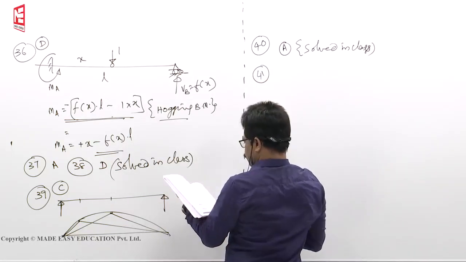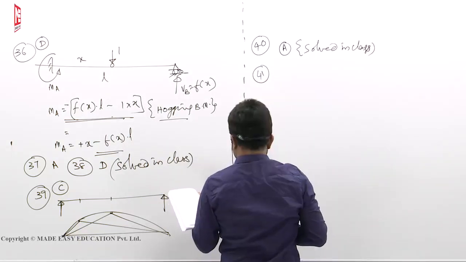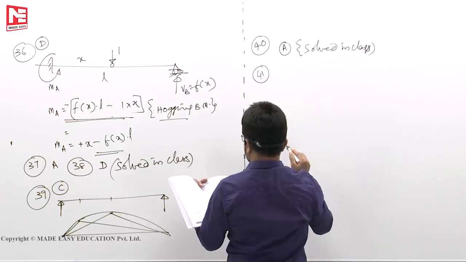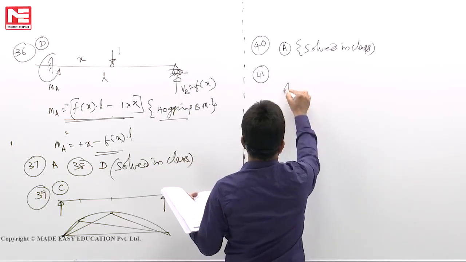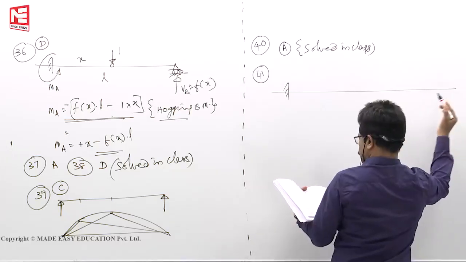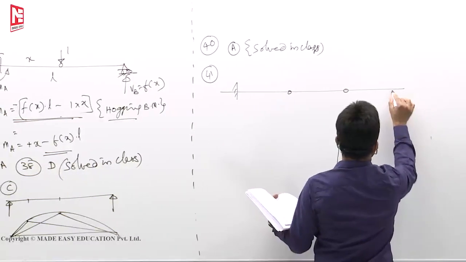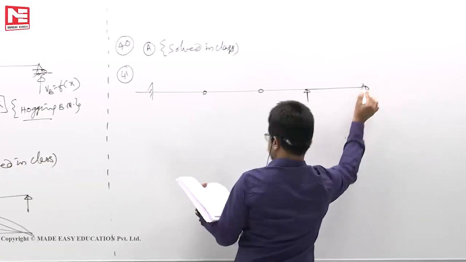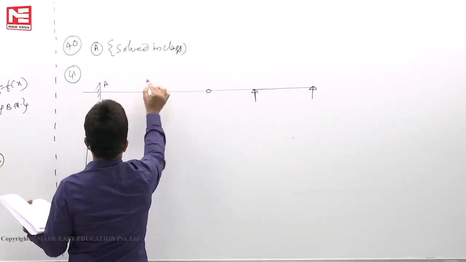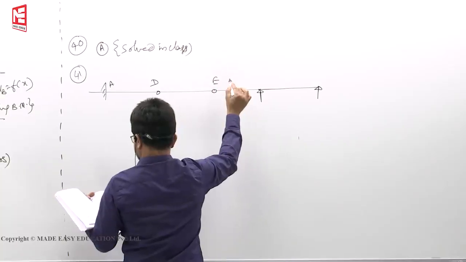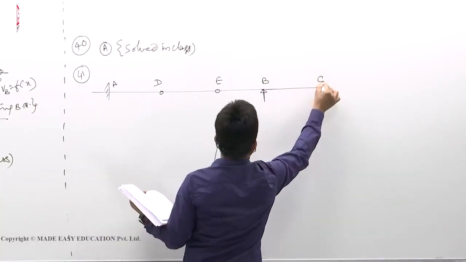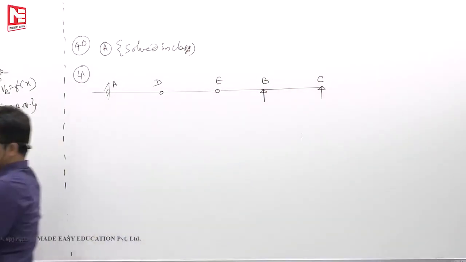Then 41. Which one of the following diagrams corresponds to ILD for moment at A? This is what they have given. Two hinges are there. Here there is a support. Let us name the points A, D, E, B, C. How do you find that?